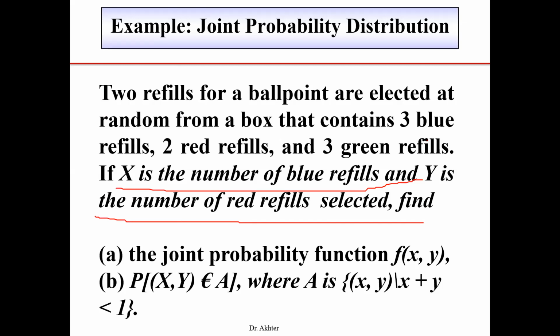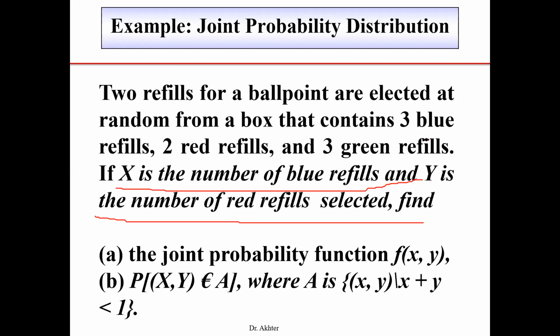How can the possible values of x be determined? The blue refills are 3, and how many are selected? 2 refills are selected.